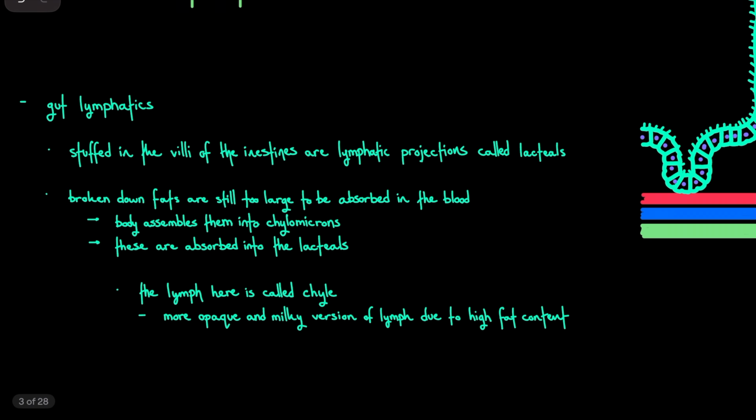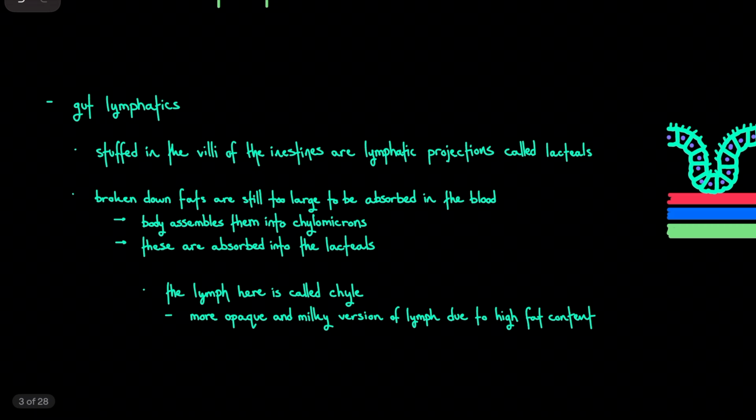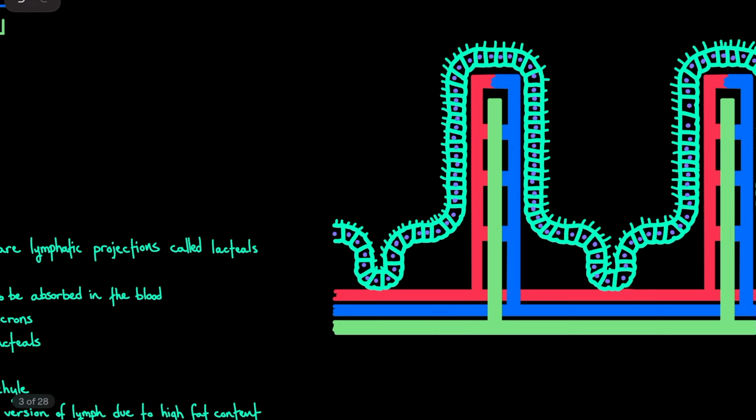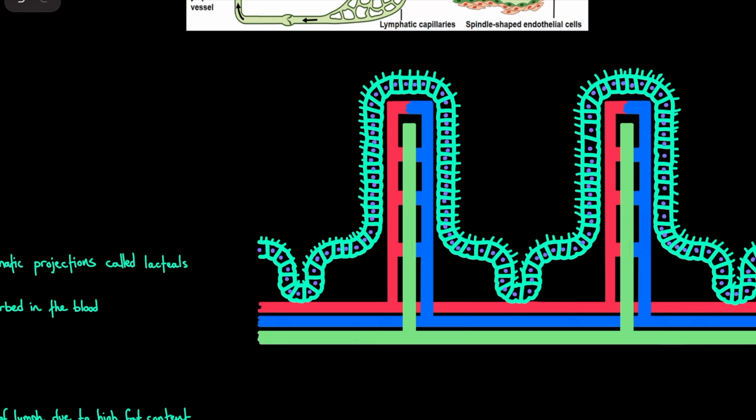Another really cool linkage into lymphatics. Okay, pause. Into immuno and anatomy, the namesake of this course, is gut lymphatics. So stuffed in the villi of intestines are lymphatic projections called lacteals. All right, and this is what it looks like here. So remember, in your intestine, you have all these large finger-like projections shooting out into the lumen.